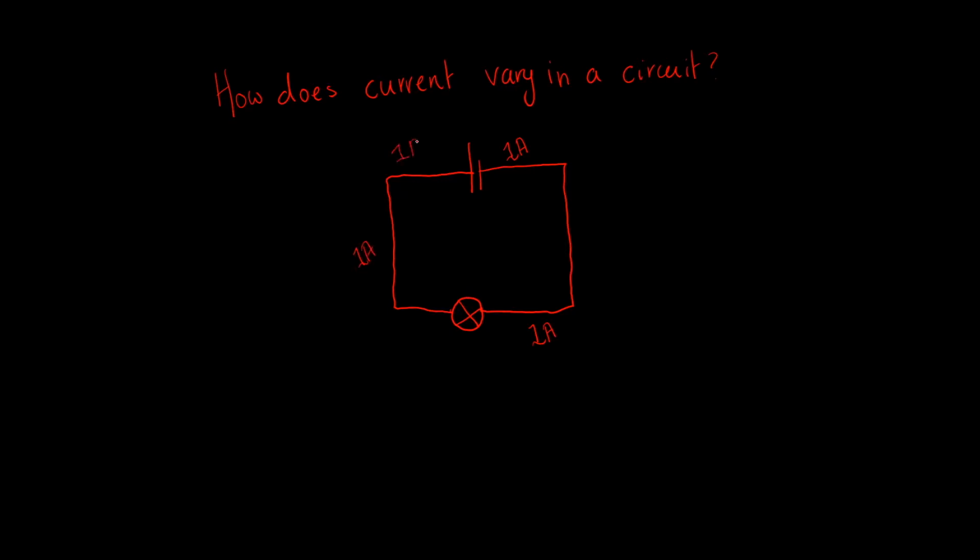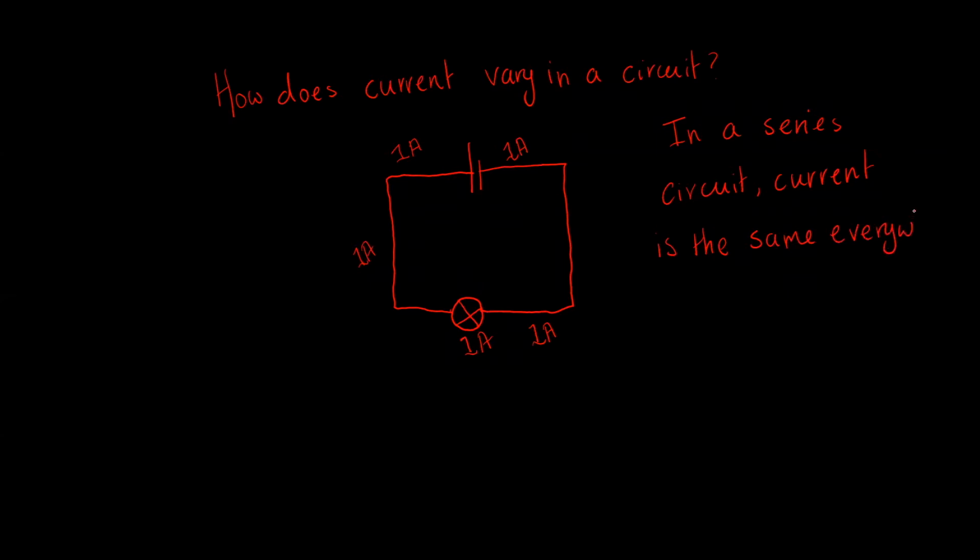Through the components, also 1 amp. So in a series circuit, current is the same everywhere.